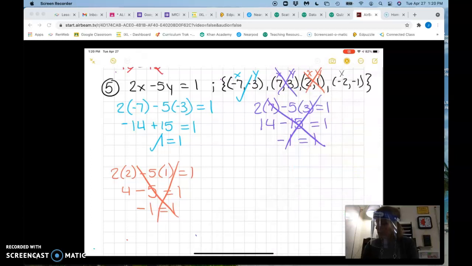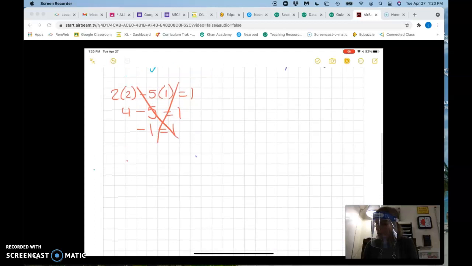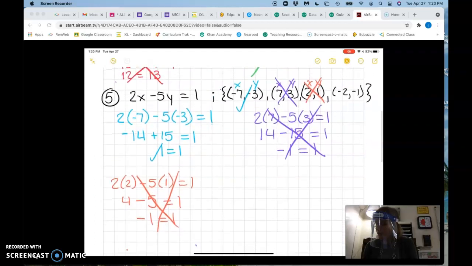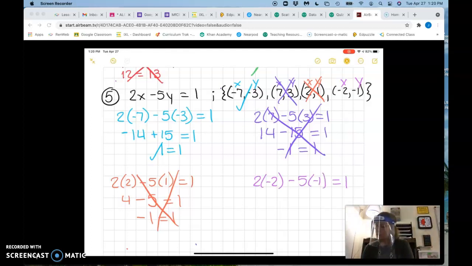So 2 times negative 2 minus 5 times negative 1. All right, 2 times negative 2 is negative 4.